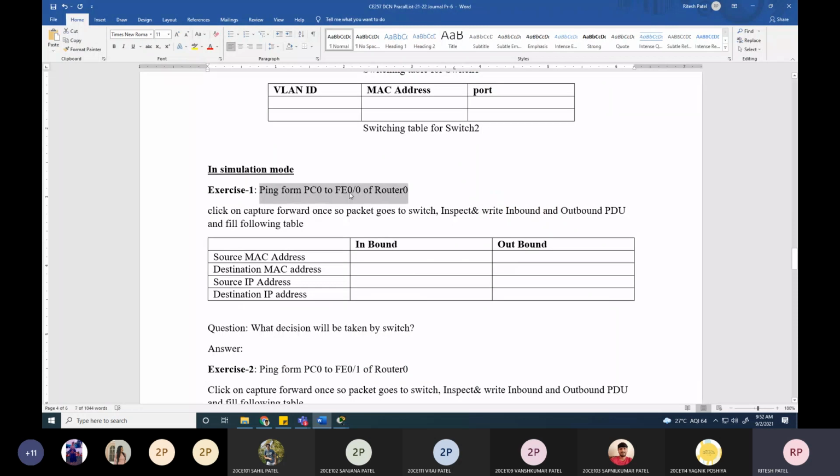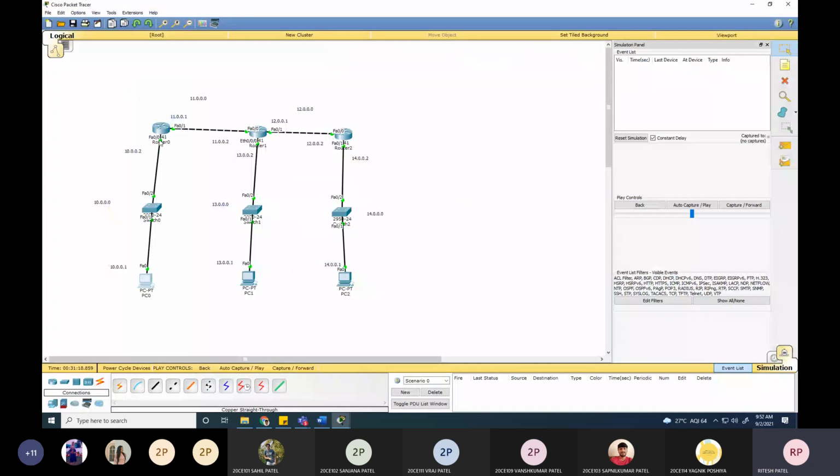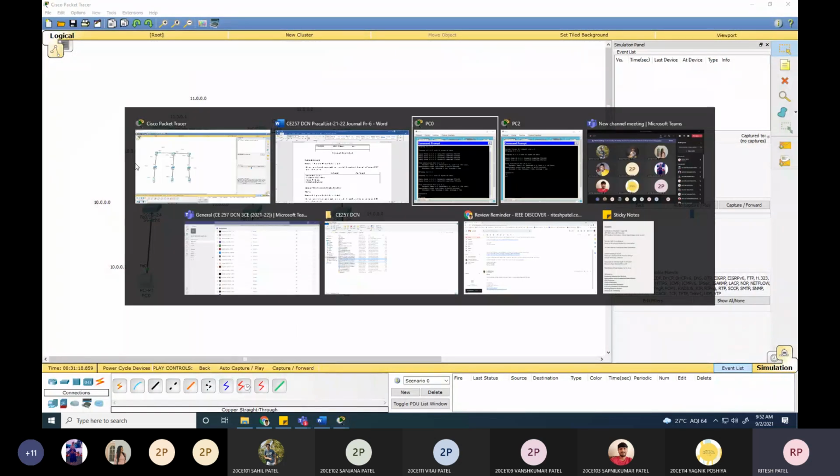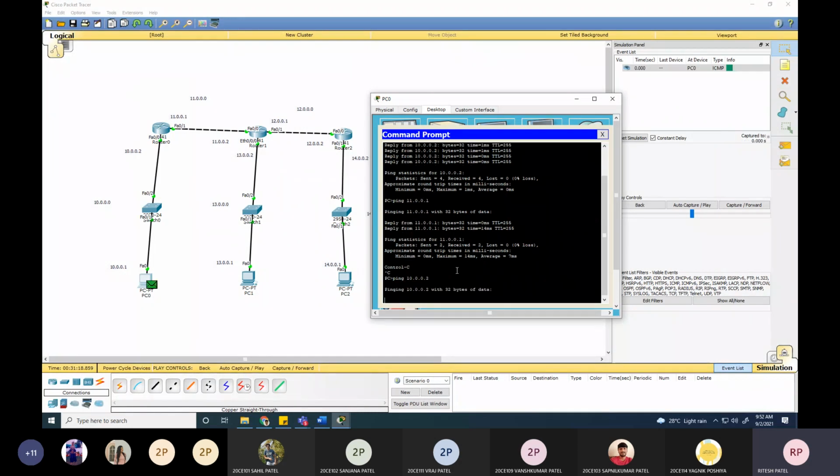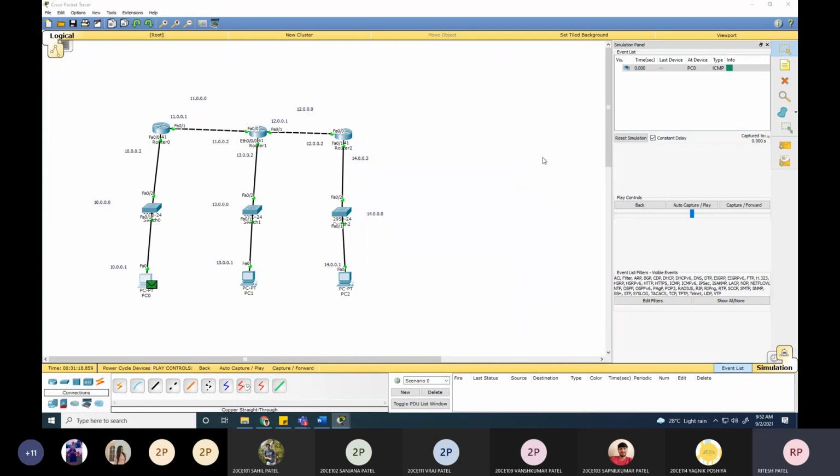Ping from PC0 to FE0/0 of router 0. FE0/0 means this interface of router 0, whose IP address is 10.0.0.2. So ping 10.0.0.2. Once I ping over here, it creates a packet. If I press enter, you can see the packet over here.